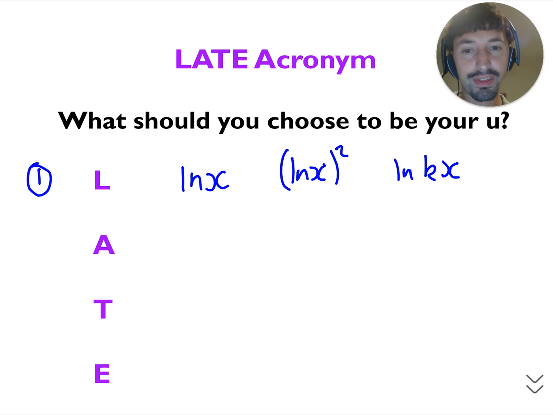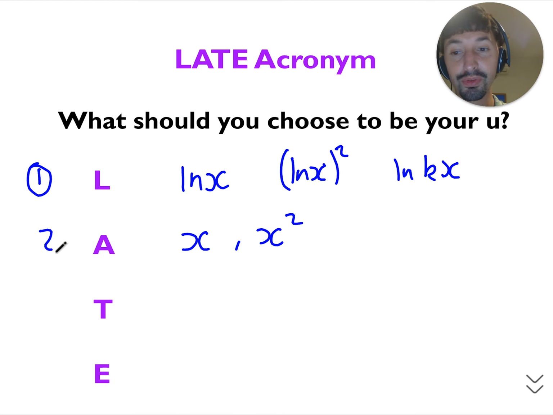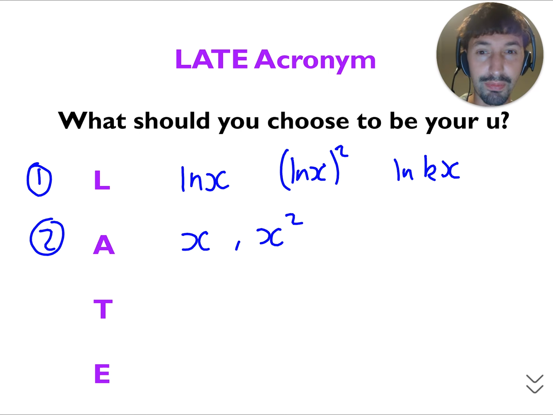Then if you don't have a natural log in there and you have something like an x or an x squared with maybe a trig function, then that's what you should choose. Most A-level questions nearly all have those, so if it's got a natural log, really, that should be your u.